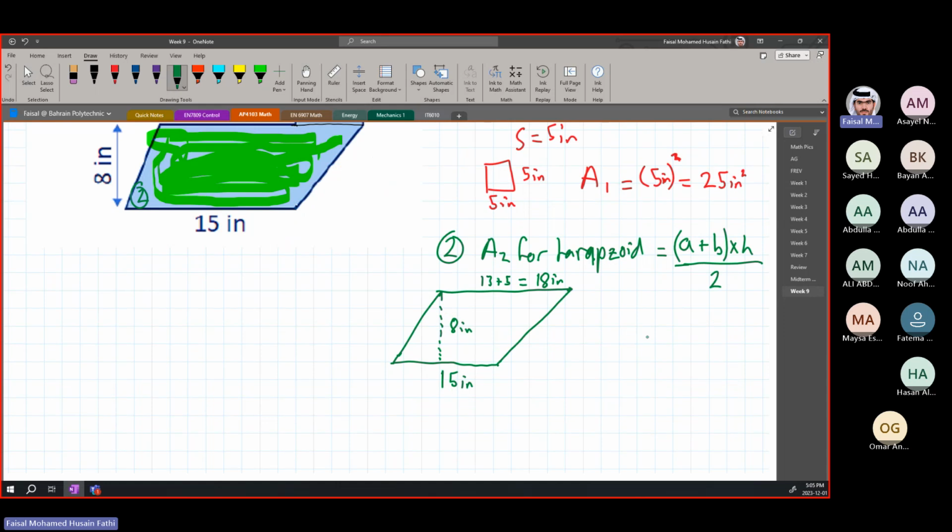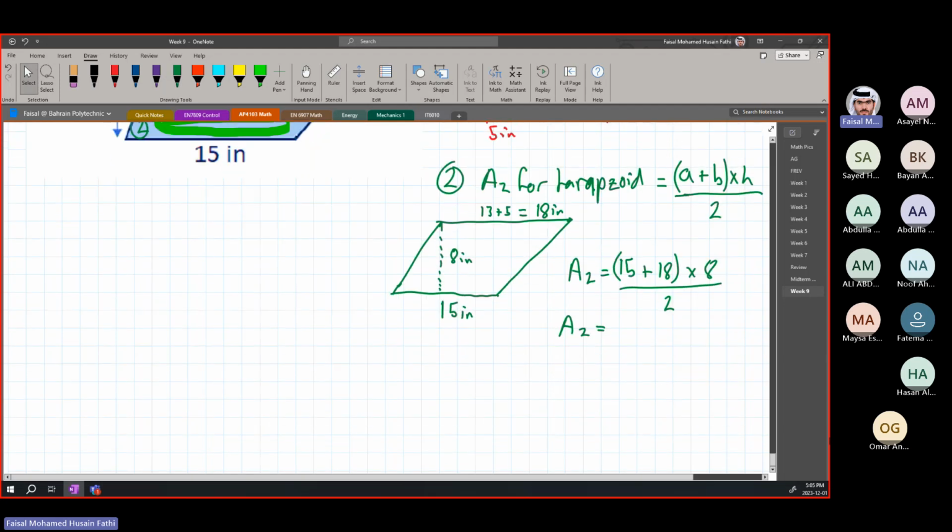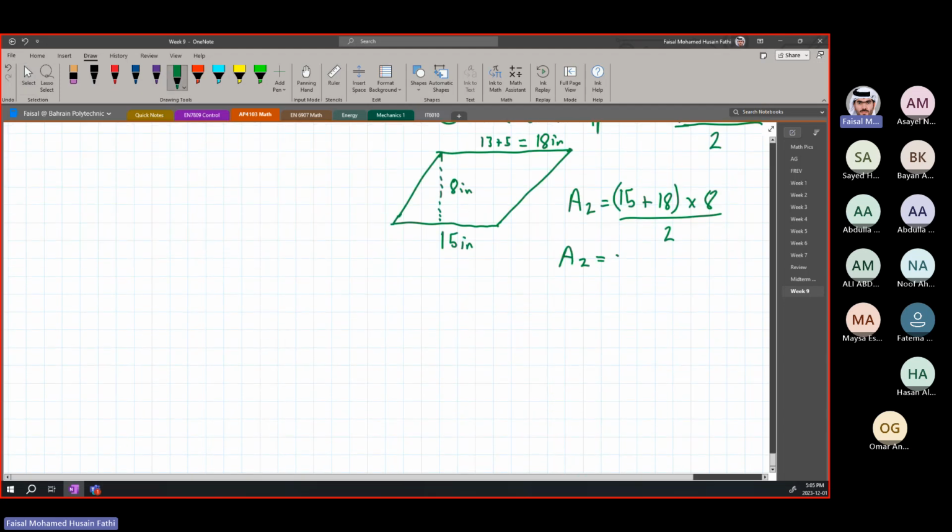Okay. So now we can just plug into the equation. A2 is equal to our A value, 15, plus our B value, 18, it doesn't matter which one's A and which one's B, times H, which is 8, all divided by 2. If you plug it into the calculator, 15 plus 18 times 8 divided by 2, that's 132 inches squared.